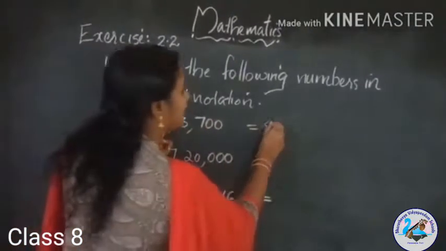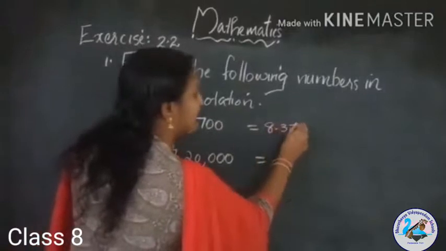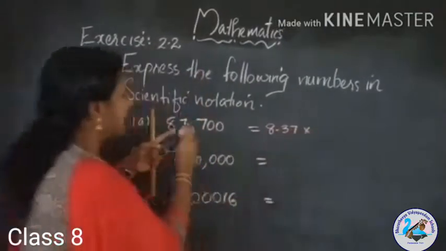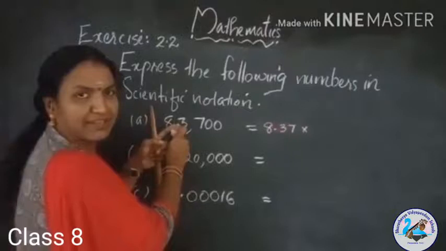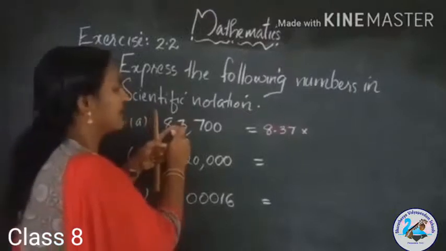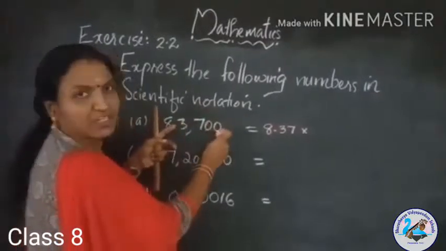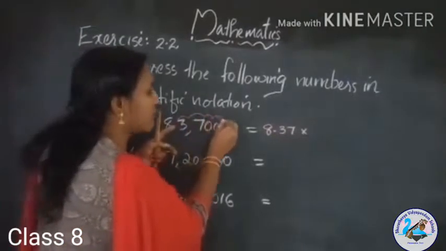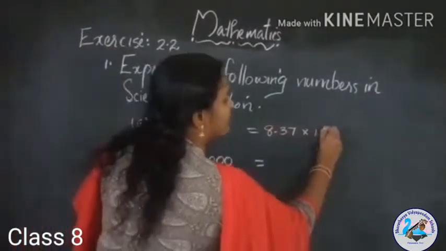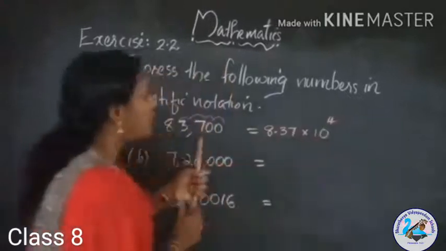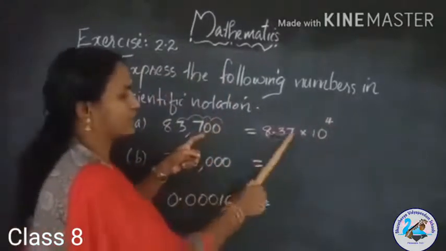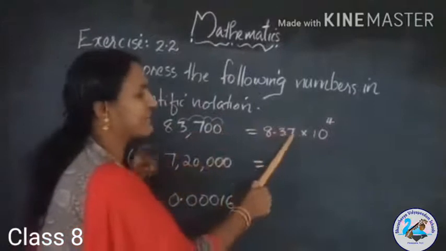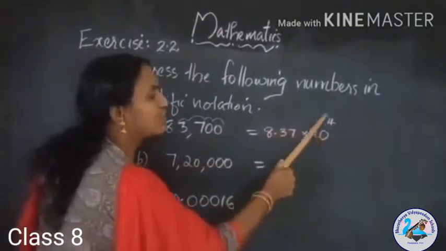So 8.37 into, then you count the number of places from the decimal point to the end of the original number. So 1, 2, 3, 4. Can be written as 10 raised to 4. Here, no need to write the last zeros. So, 8.37 into 10 raised to 4.